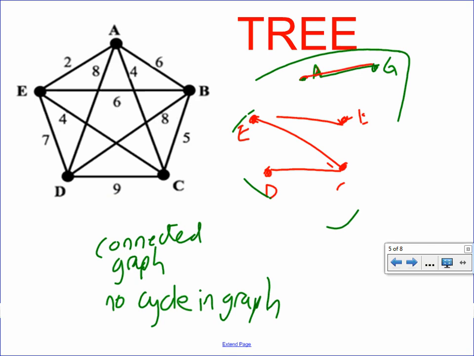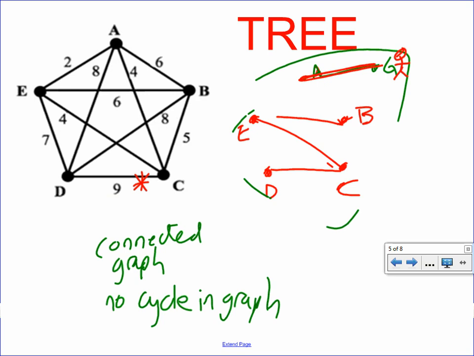The A, G bit is not connected to the E, B, D, C bit via any pathway. If you're stood here at G, there is no path to B. So that graph is not a tree.